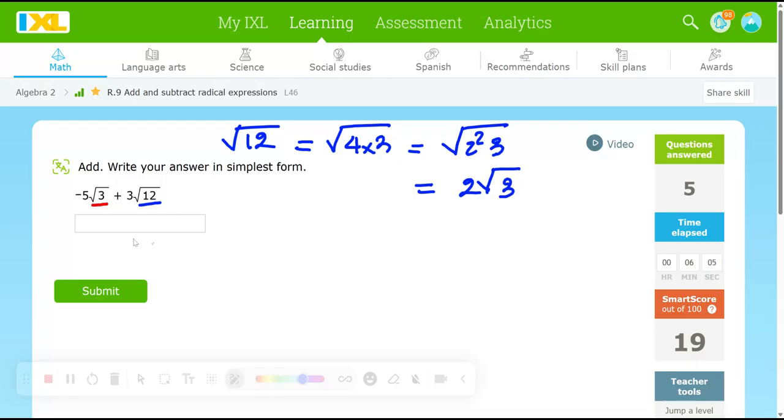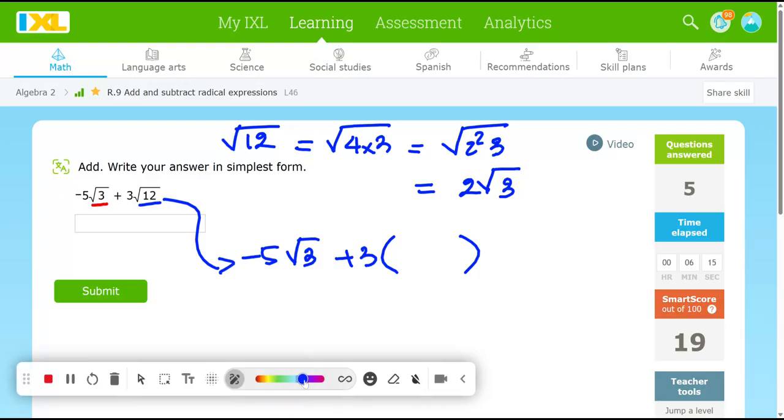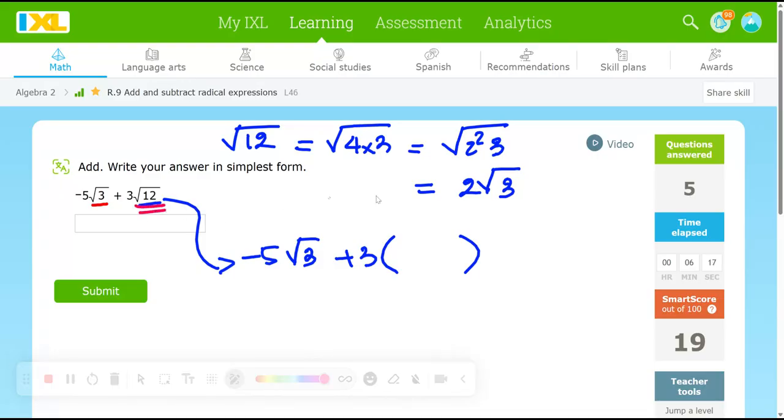So now put it back over here: negative 5 square root of 3 plus 3. Instead of square root of 12, now I put 2 square root of 3 inside. So now we just combine them together. It becomes negative 5 square root of 3, and 3 times 2 becomes 6 square root of 3.